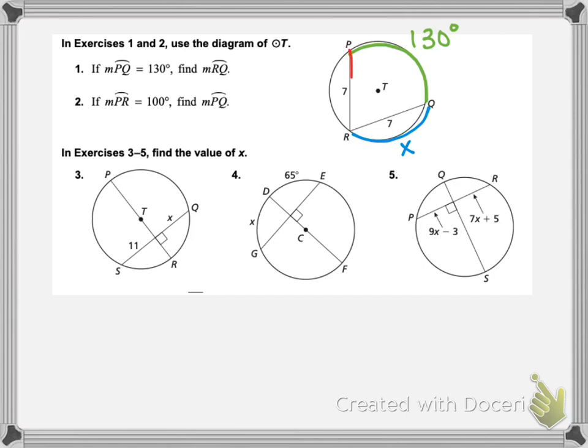In this section you learned that if you have congruent chords, they cut arcs into two congruent arcs. So congruent, congruent. If we call RQ X, we could also call RP X. I know that there are 360 degrees in a circle. So if I add X and 130 and X, they equal 360 degrees. Combine your X's.